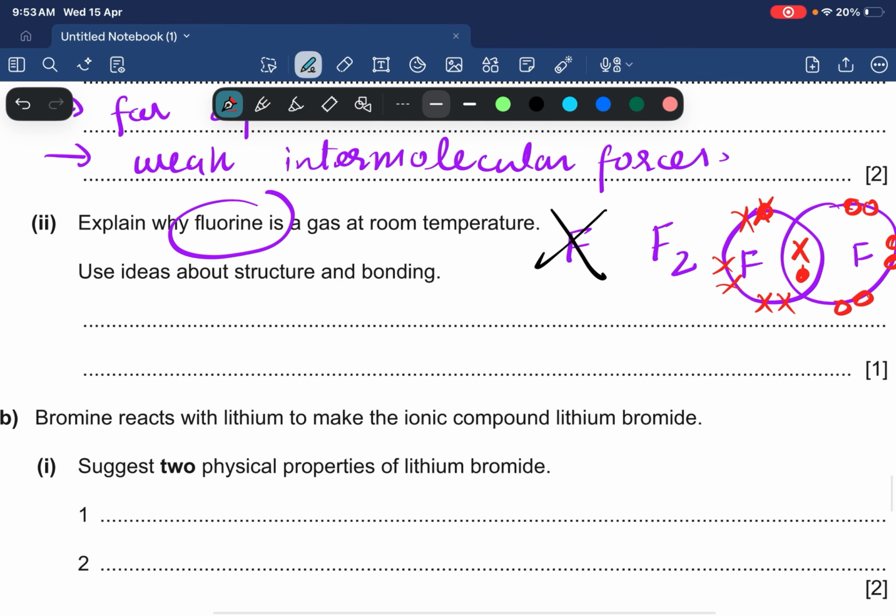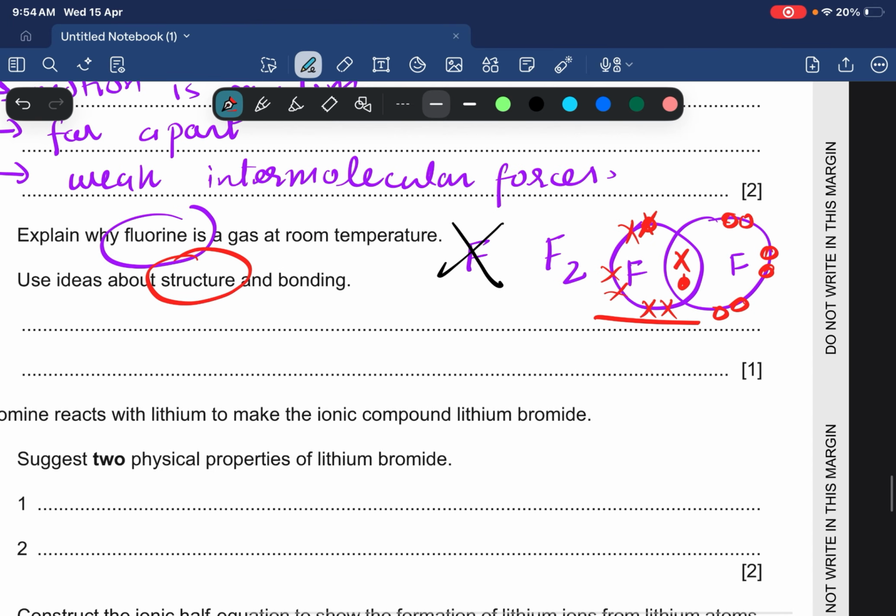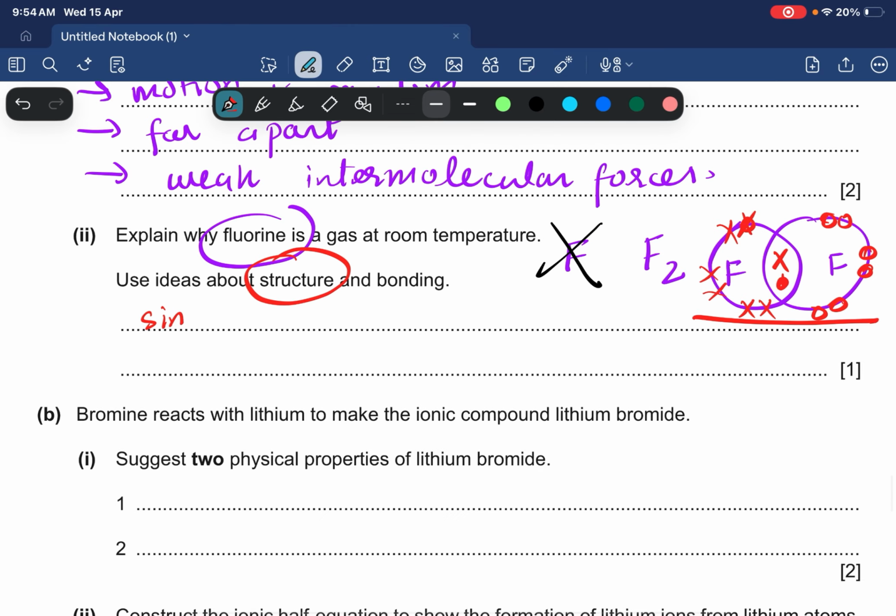Okay, use structure and bonding. Structure is simple molecular. This is a molecule of fluorine. So it's a simple molecular structure. Now bonding: you have to tell why it's a gas.